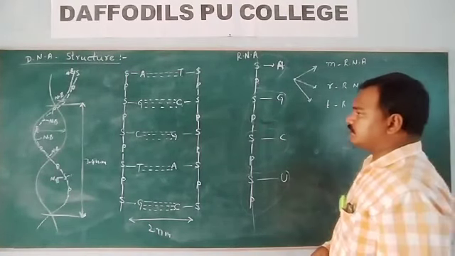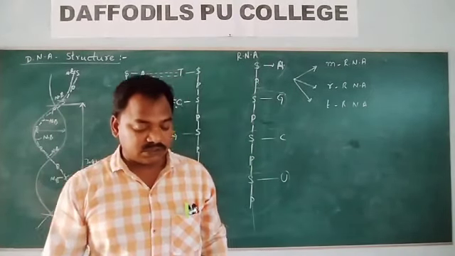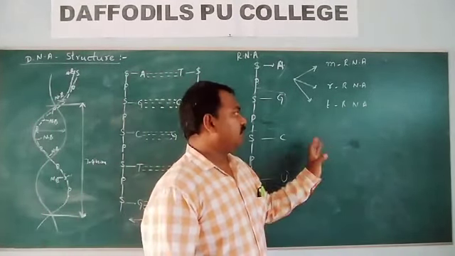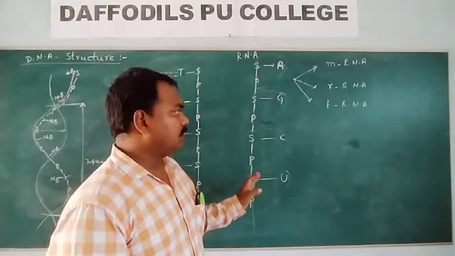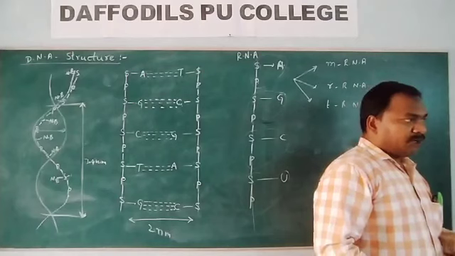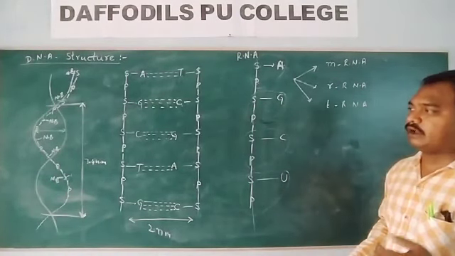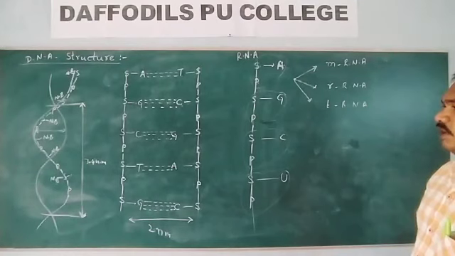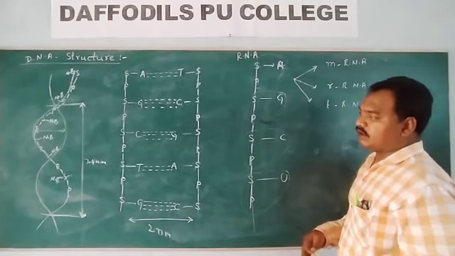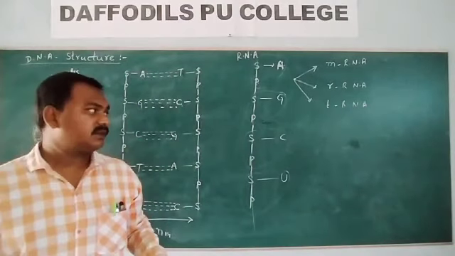You will discuss these different types of RNAs and their functions in our biology later. Here we don't discuss all those things. We have a brief discussion about protein synthesis, how a protein is formed. So now we are going to discuss protein synthesis.